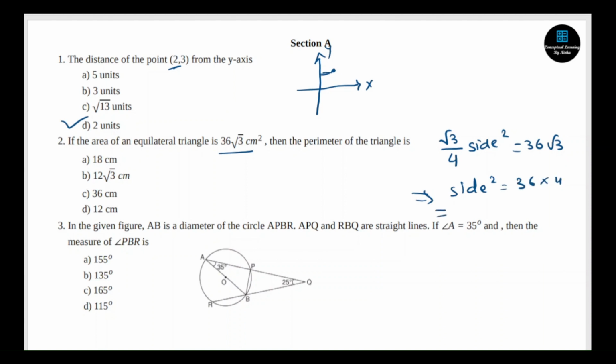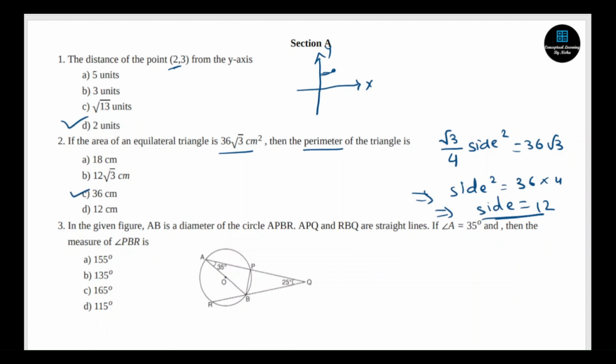If I take the square root, I have to take the positive square root only because it is the side of the equilateral triangle. So I'll get side equals square root of 36 which is 6, and square root of 4 which is 2. So 6 into 2, which is 12. Alright, so I get the side and I can find the perimeter. So 12 times 3, which is 36.